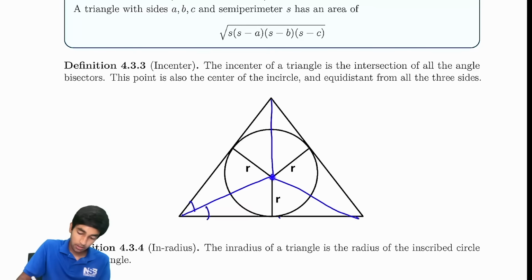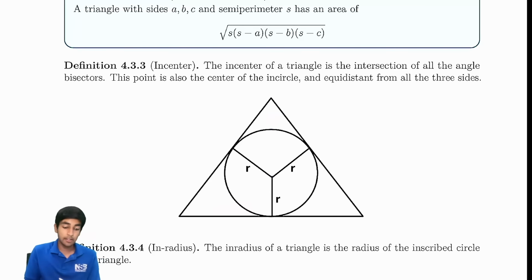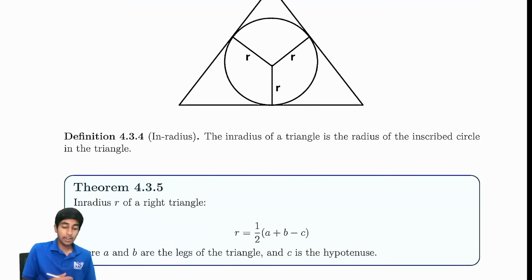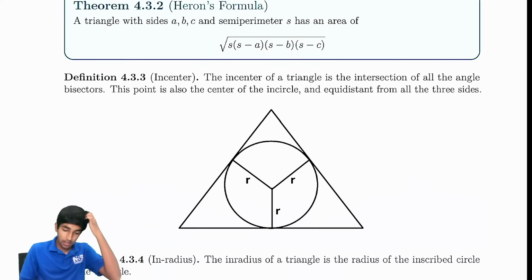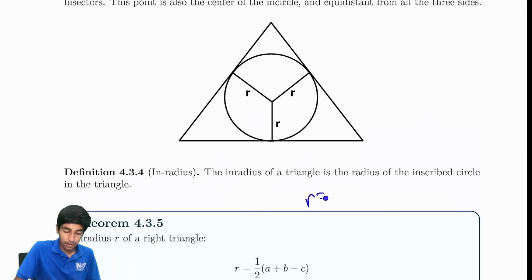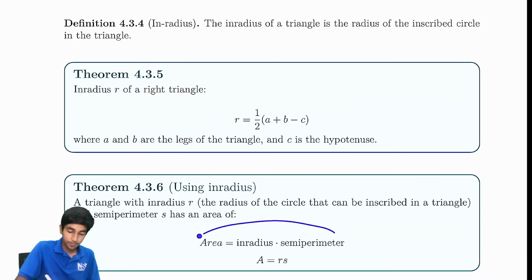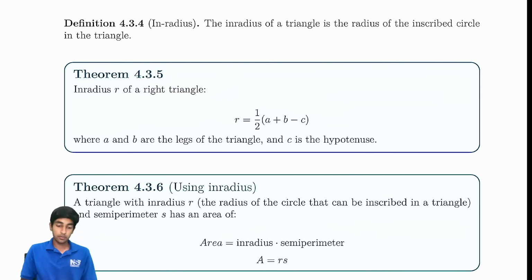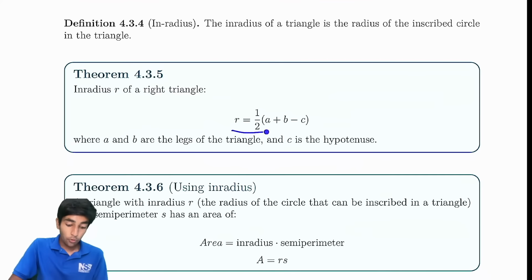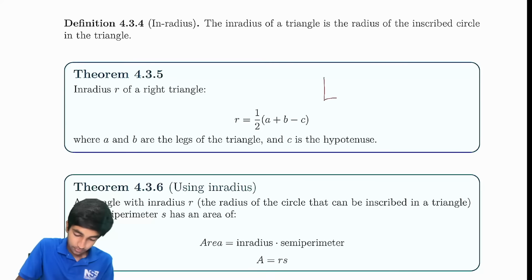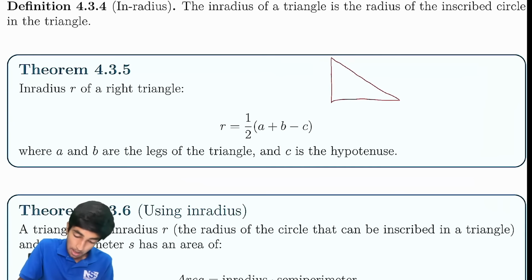These two are equal, these two are equal, these two are equal. You intersect them all at the incenter, and it's the center of the inscribed circle. And yeah, something cool to note here is the inradius is just area over semi-perimeter, just by this. And a cool thing is in a right triangle, and you don't have to memorize this, but you should know how to derive it if needed.